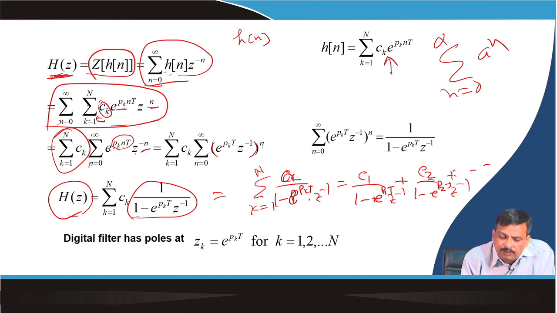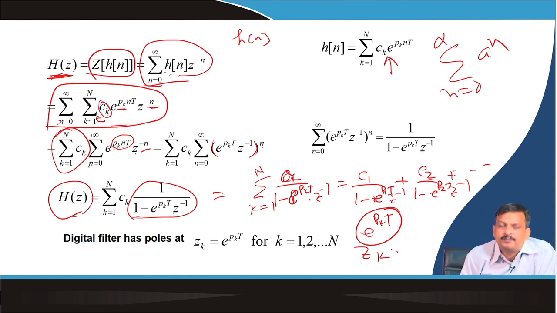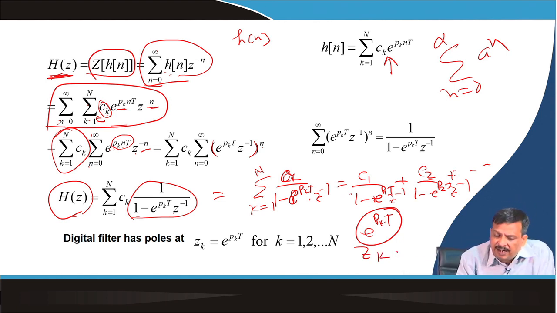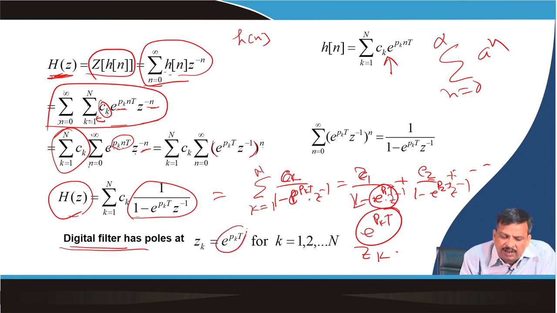So I can say this e to the power pk t is nothing but the value of zk, because it is z minus this one, z upper side z. So the digital filter pole is nothing but e to the power pk t. What is pk?